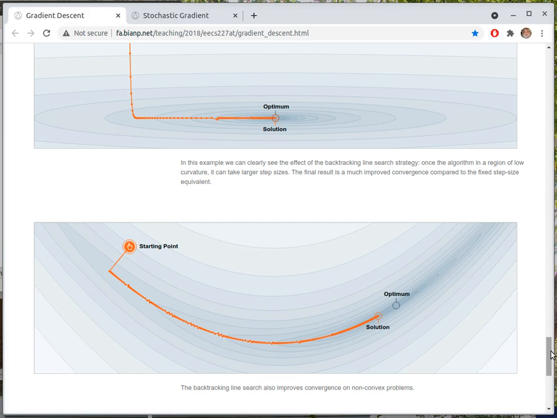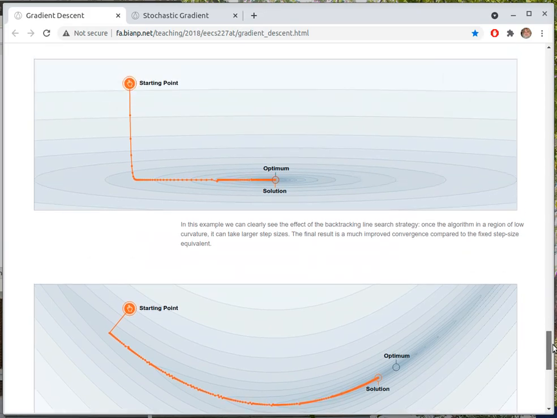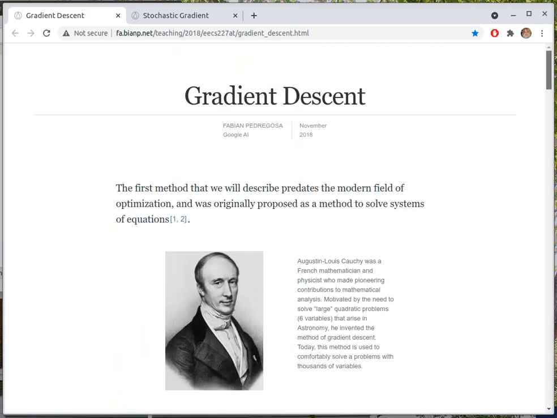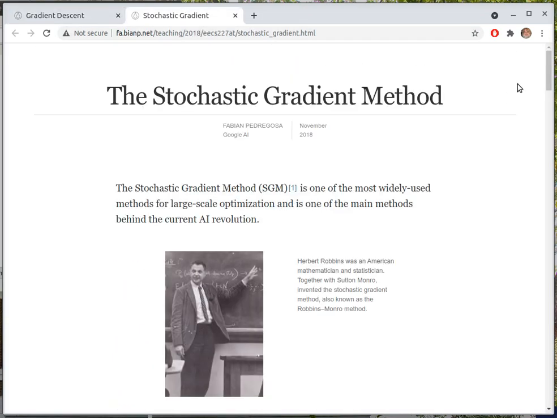And so the gradient is going to have to be calculated by pushing all the data points through your function before you can compute the gradient. And so the question is, can you estimate the gradient without using all of the data? And that's where stochastic gradient comes in.